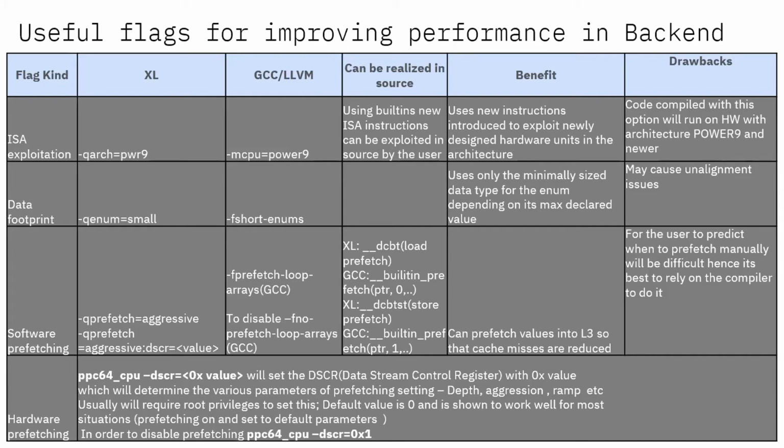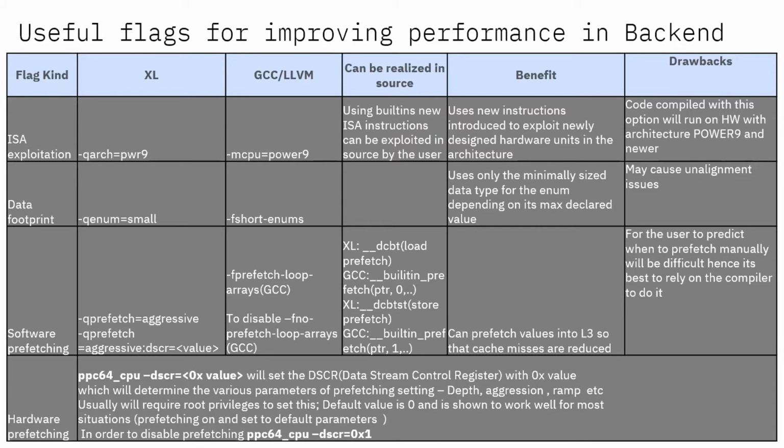You may not even realize it, but as your program is executing, and there are loads and stores that follow a particular pattern, the hardware is smart enough to start a prefetch stream internally, which recognizes these patterns and starts prefetching values well in advance of when they are required, so that by the time you need that value, it's already there closer to the processor, and you don't spend a lot of time accessing those values.